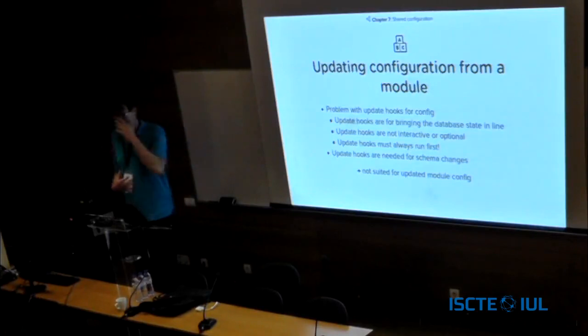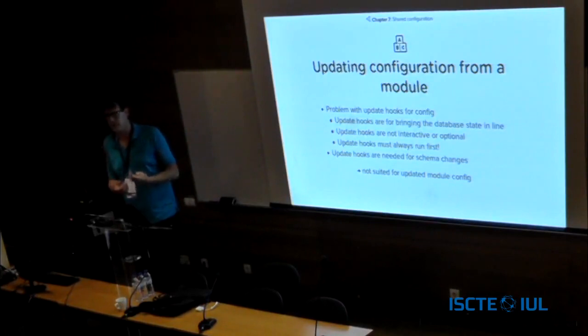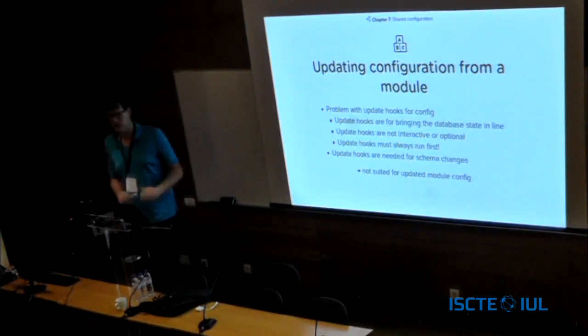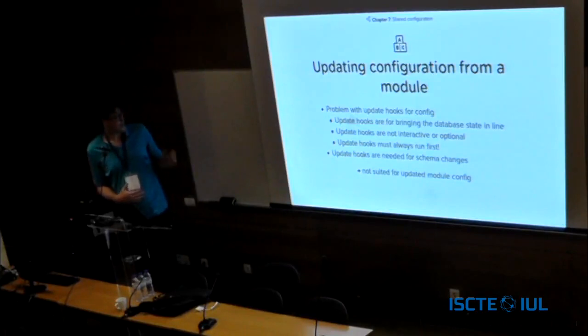But you should not use update hooks to change something that is not really a necessity. Because users cannot opt in or opt out of update hooks. And there's no UI to choose that. It runs, and it's not optional.